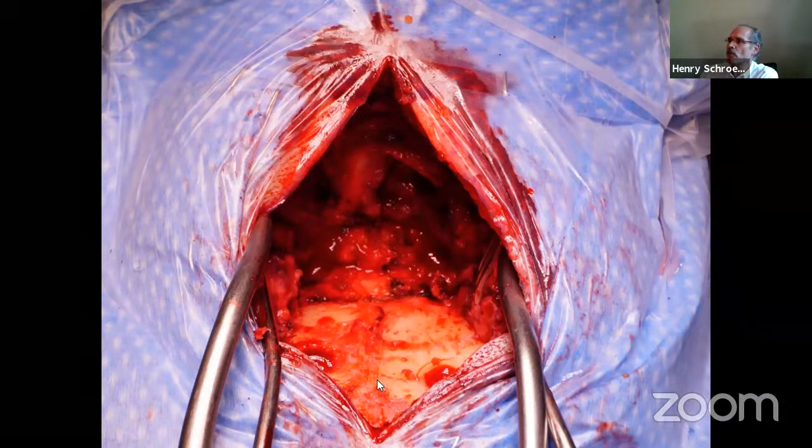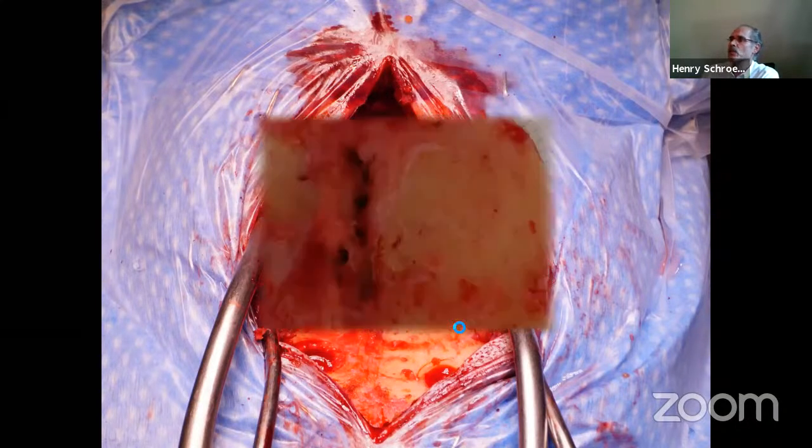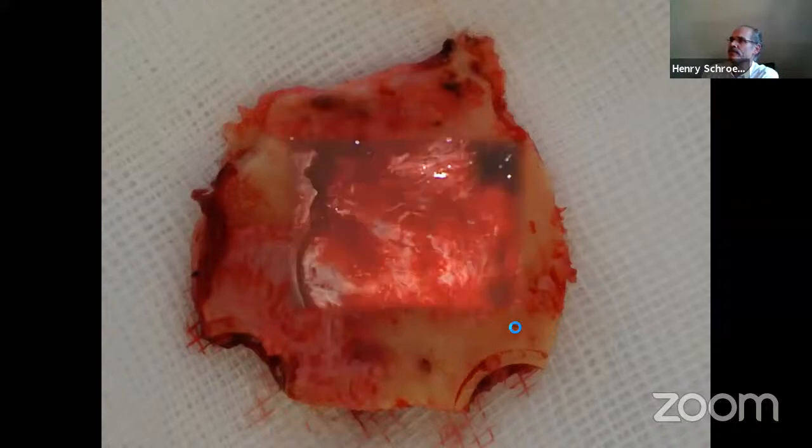We place 2 burr holes, and then we make one cut to this area, to the foramen magnum, and this cut, and then this cut over the sinus. And then we take a diamond or cutting drill and open this last thick piece of bone and remove this in one piece. This is the bone flap.